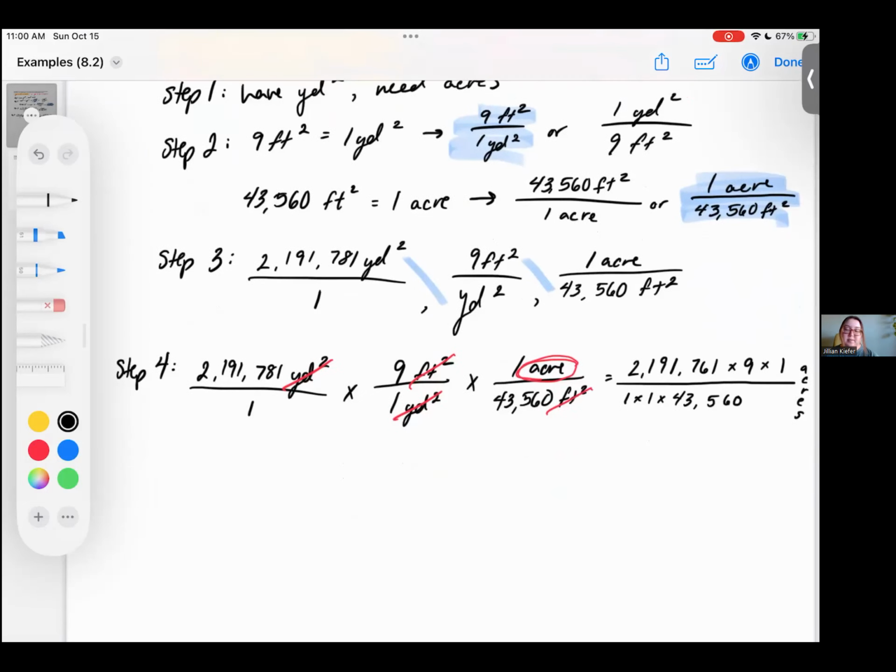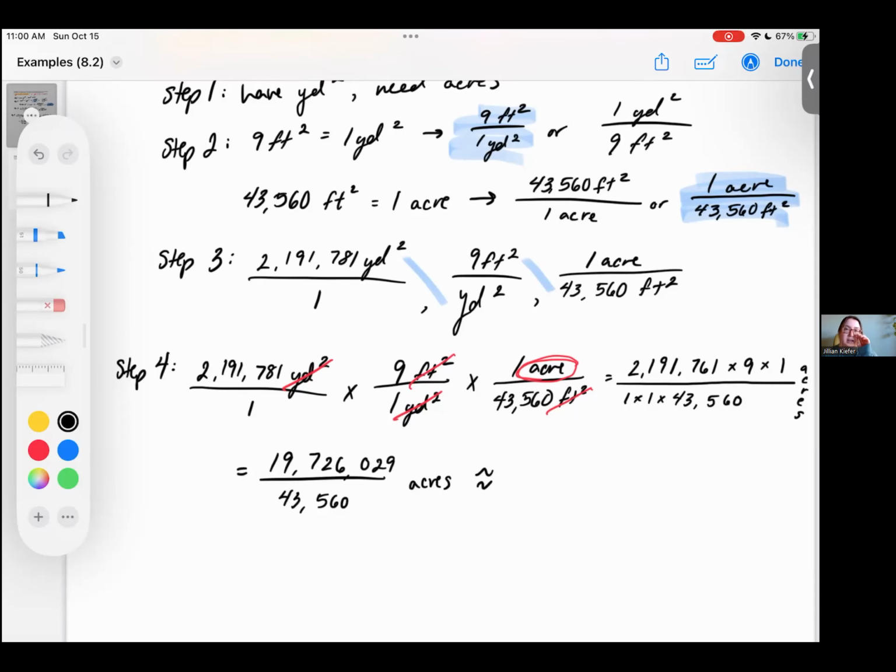So we can go ahead, we can plug all of this into a calculator. You can simplify a little bit more. You can multiply some of these out. Maybe you get 19,726,029 over 43,560. This is acres.